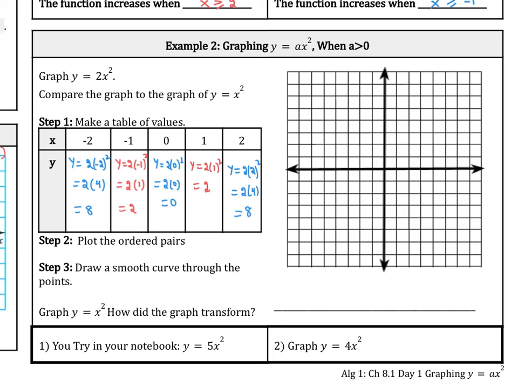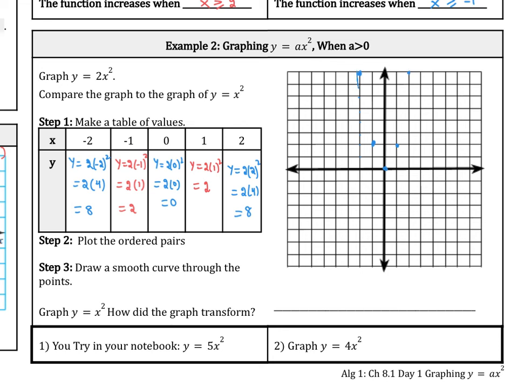Now when you plot these values, the first point you're going to have is -2 comma 8. So that's going to be -2, 1, 2, 3, 4, 5, 6, 7, 8. This point on the top here, -2 comma 8. Then -1 comma 2. 0 comma 0. So this point is 0 comma 0. Next point is 1 comma 2, and that's this point right here, and 2 comma 8.